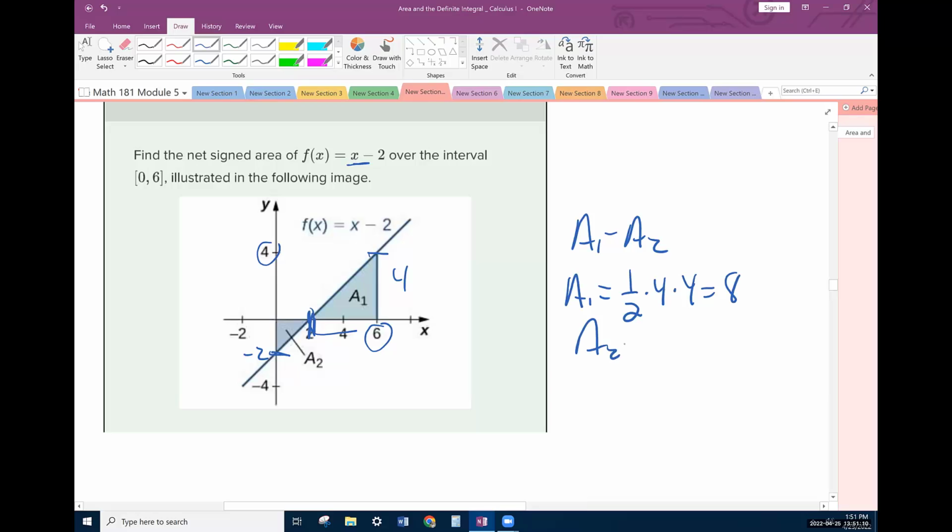And our area 2 is going to be 1/2 of 2 across and 2 down, so 1/2 times 2 times 2, which is 2. So our integral from 0 to 6 of x minus 2 dx is going to be 8 minus 2, which is 6.